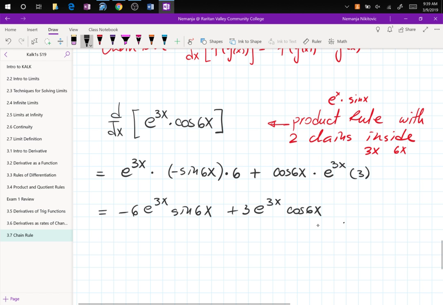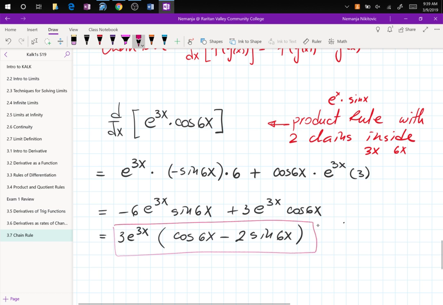And I said earlier that when it's possible to factor, make sure you factor, because chapter 4 is coming. So that will be 3e to the 3x. I'm going to write the cosine term first because it's positive, and then subtract 2 sine 6x, because that one had the negative, so I'm just going to list it second. And this would also be the answer that your homework software should have.